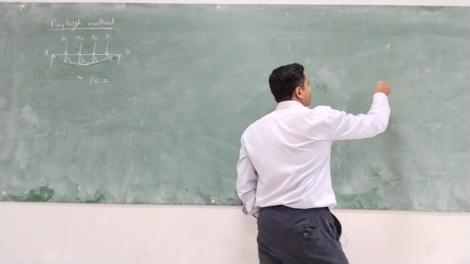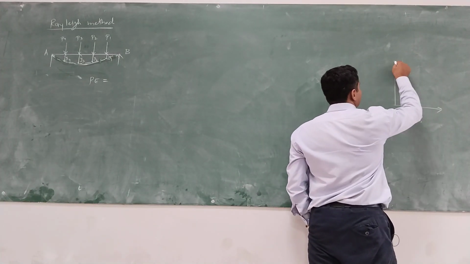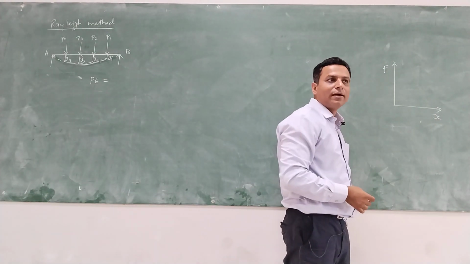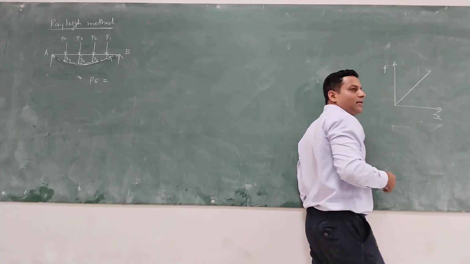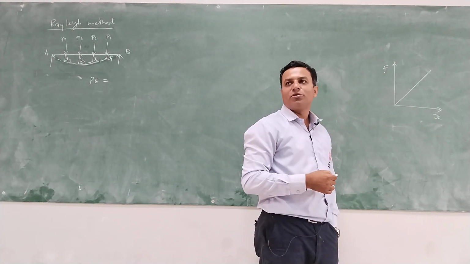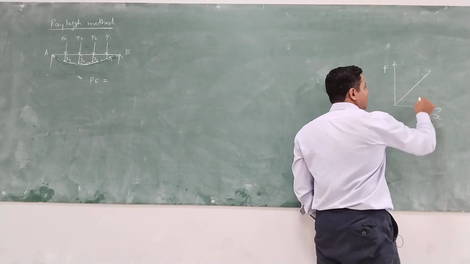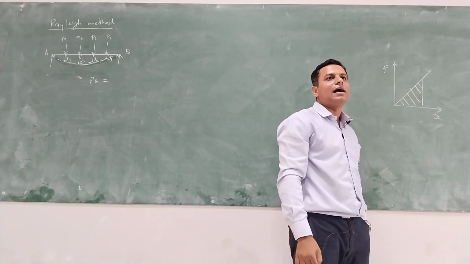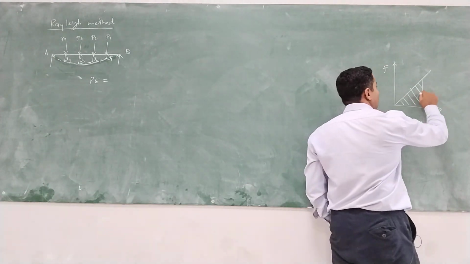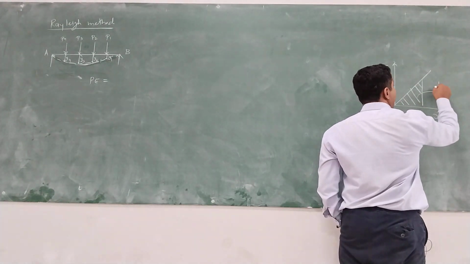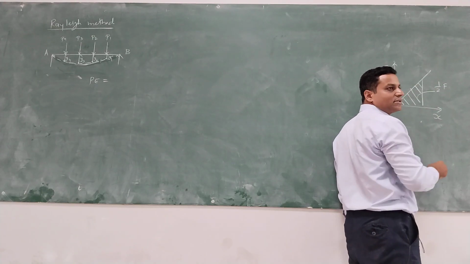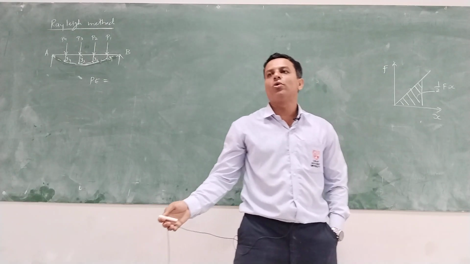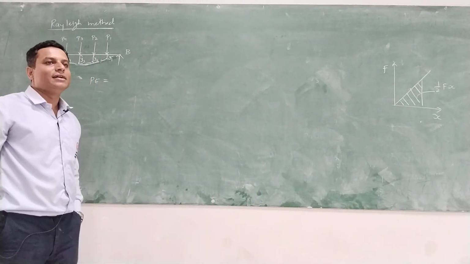For a spring, you know that force is proportional to displacement. If I plot the graph, force is proportional to displacement, so it is linear. The energy stored in that spring due to deflection will be the area under the curve, half force into displacement. So this is the potential energy stored in the spring because of the displacement.